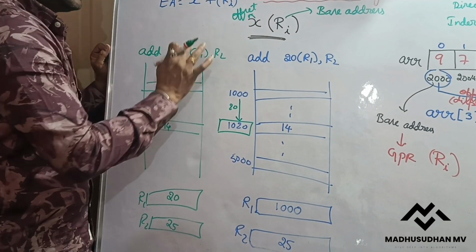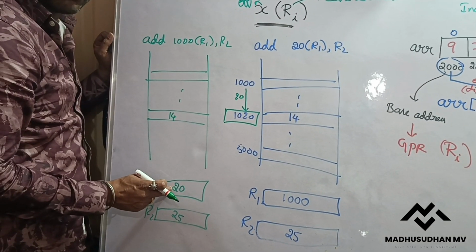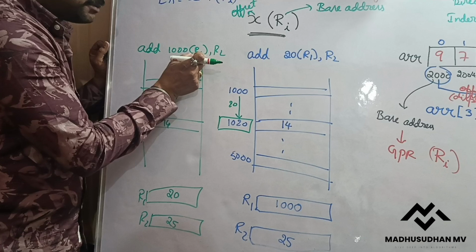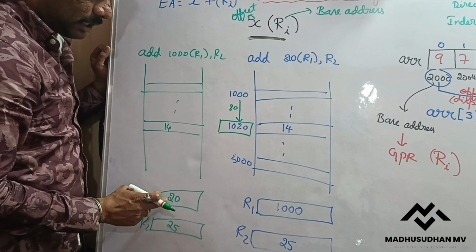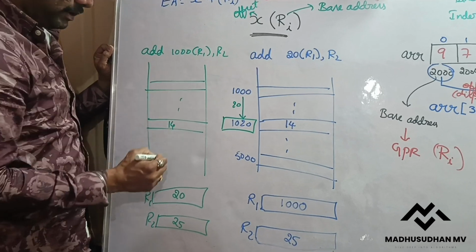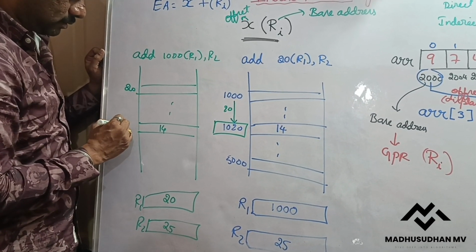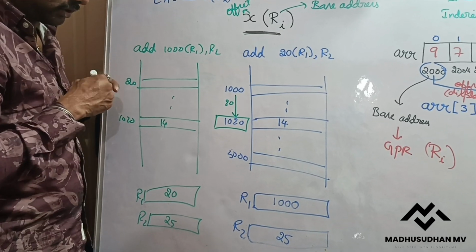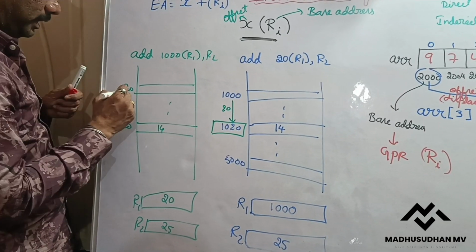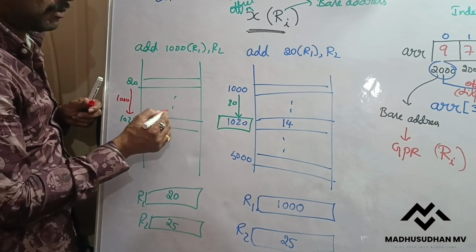R1 contains not the value 20 but the offset, because it is in brackets. So R1 contains 20, which means from 1000 you can move 20, and again you come to 1020, and get the same operand.